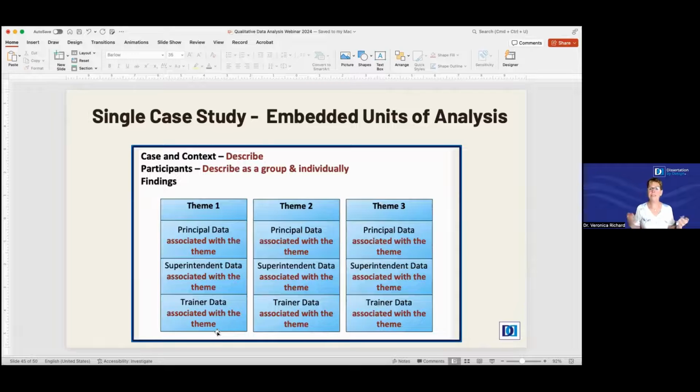Okay, then single case study, embedded units of analysis. Remember, I had mentioned those units of analysis before. I really like to show this visual because it represents my understanding and my process of how I analyze the data. If I am organizing the theme by principal data, superintendent data, and trainer data, I'm acknowledging that these people have different roles and therefore they have different understandings.